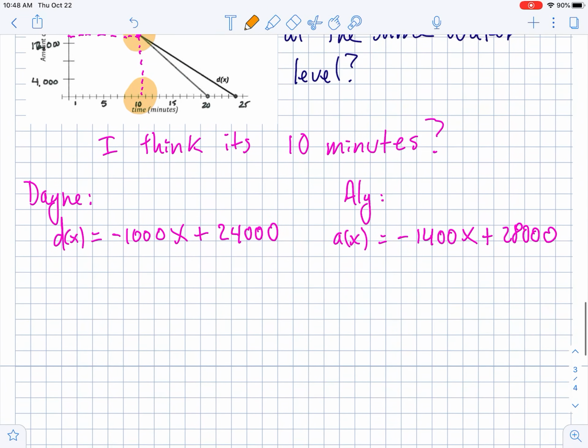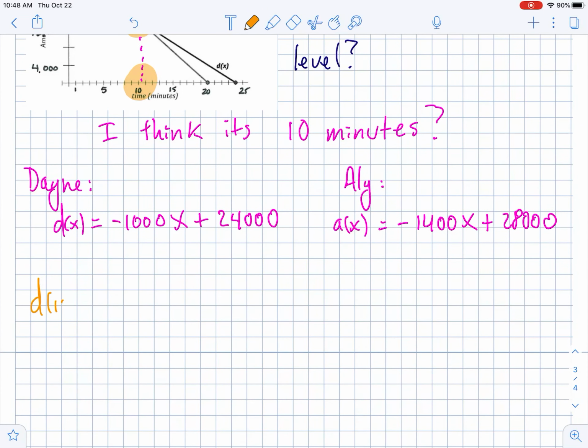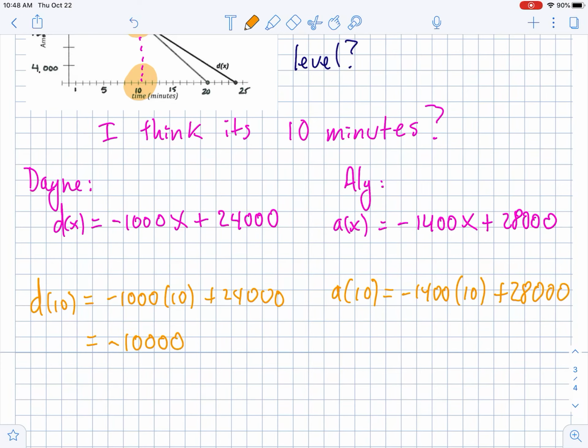What I want to do is check to see if I put 10 in for both of these, whether we get the same pool level. So I'm going to check D of 10 and A of 10. 10 times negative 1,000 is negative 10,000 plus 24,000.